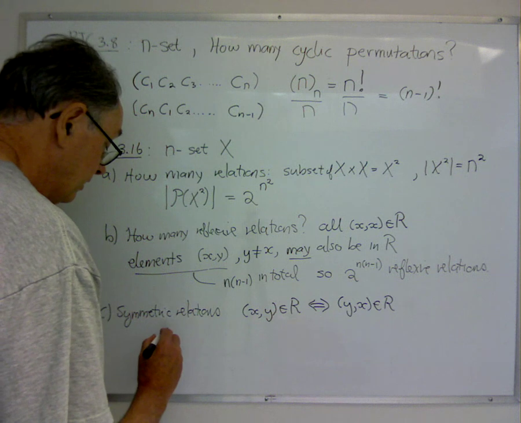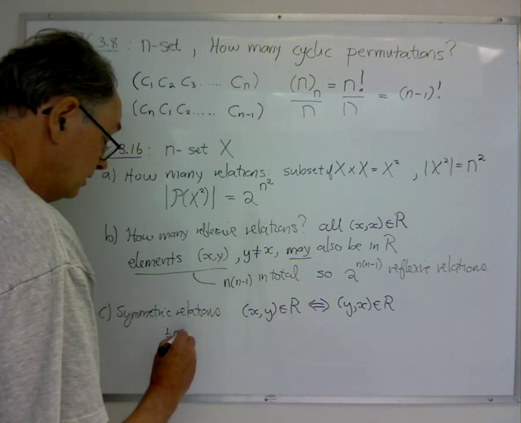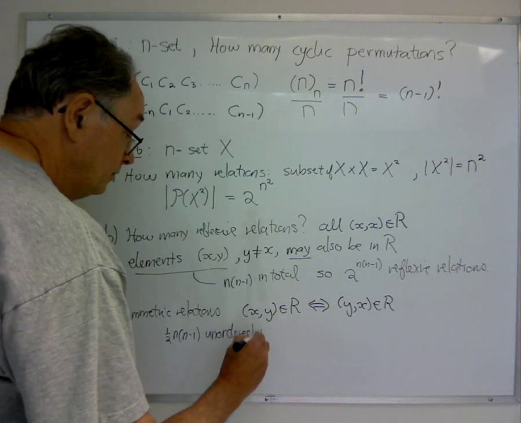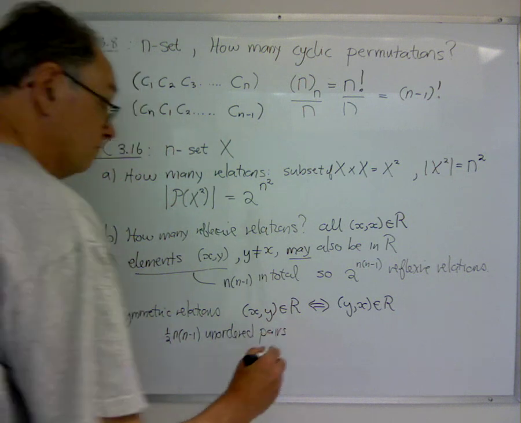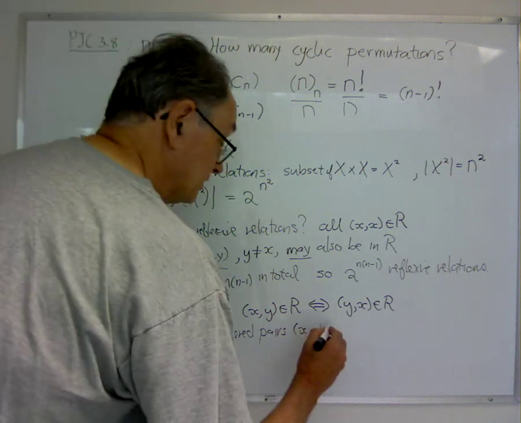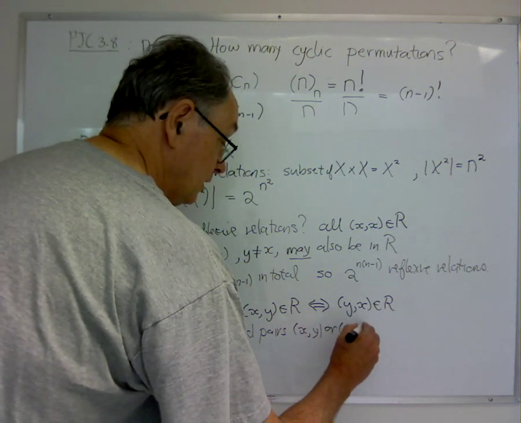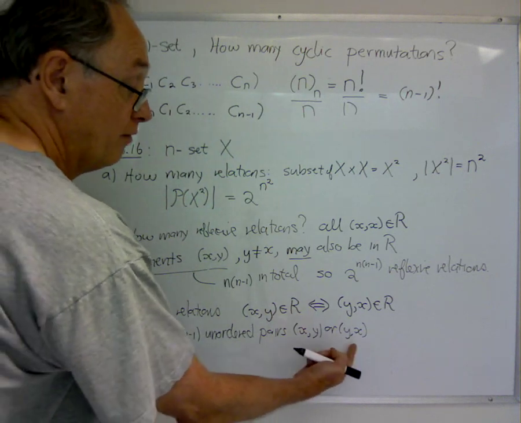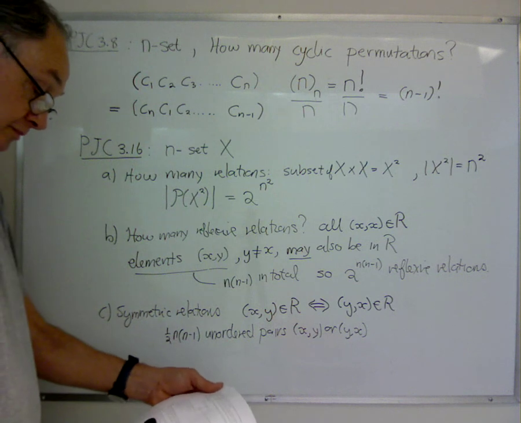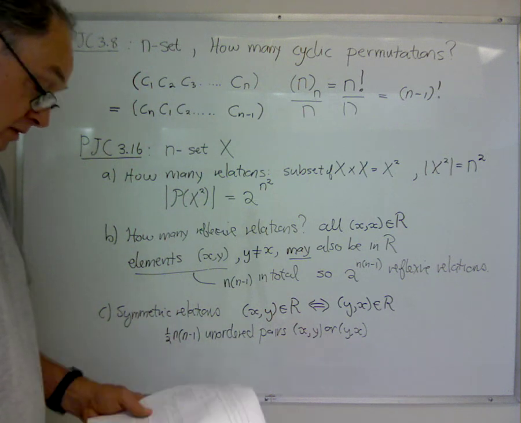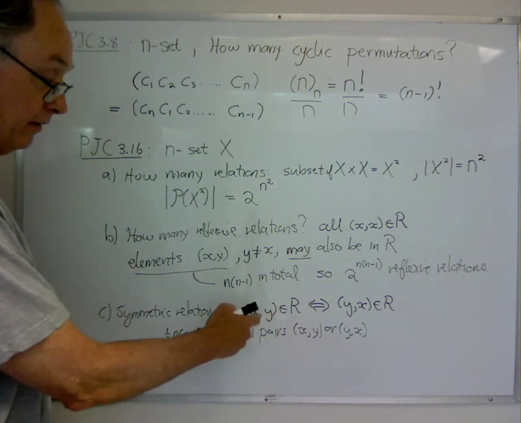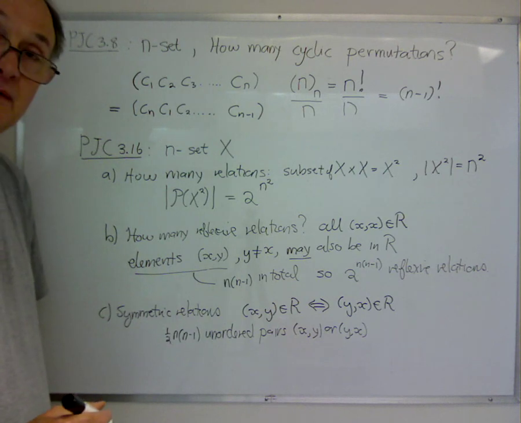So there are 1/2 n(n minus 1) unordered pairs of this nature, or yx. Because if they are unordered, then this is equivalent to that, right? It's just, you've paired them up. Now this is the case where x is not equal to y, right?